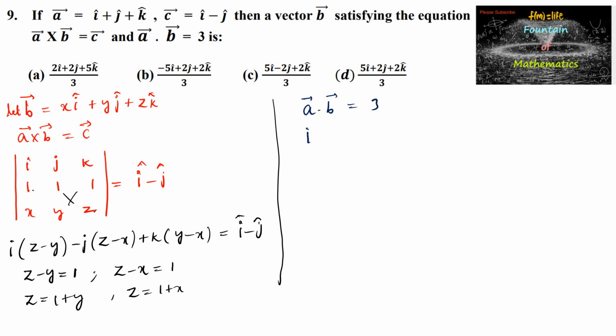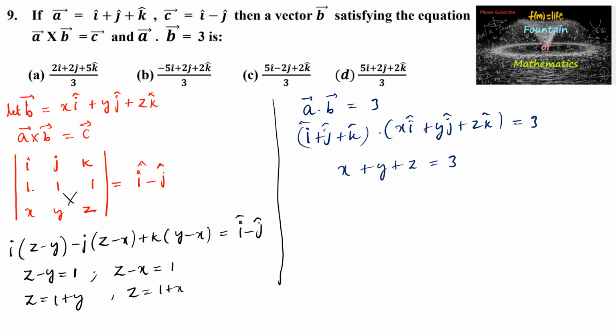So we can write 1 times i plus 1 times j plus 1 times k dot product with our b vector, which is nothing but xi plus yj plus zk, which is equal to 3. So that we can write here x plus y plus z is equal to 3.